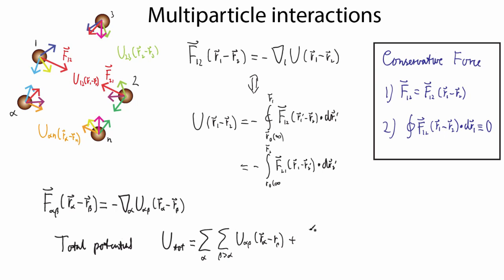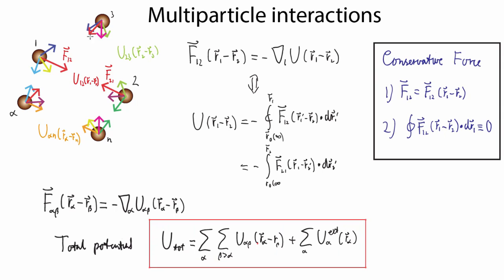You might have some external forces too, so I'll add in any potential due to external forces acting on each particle. Okay. So that's the total potential that you'd have to work with.